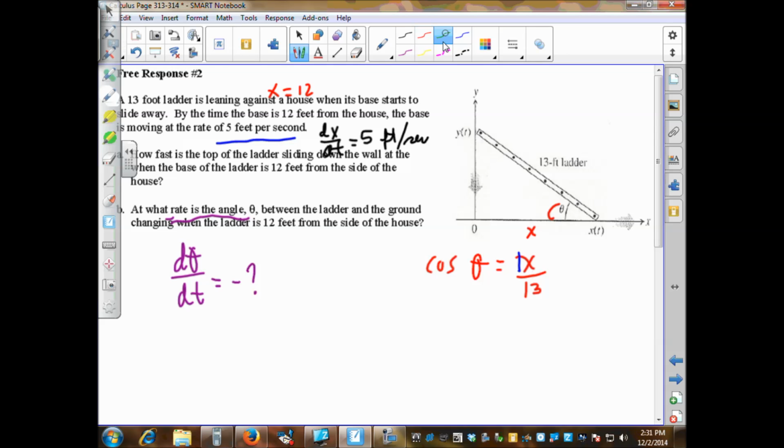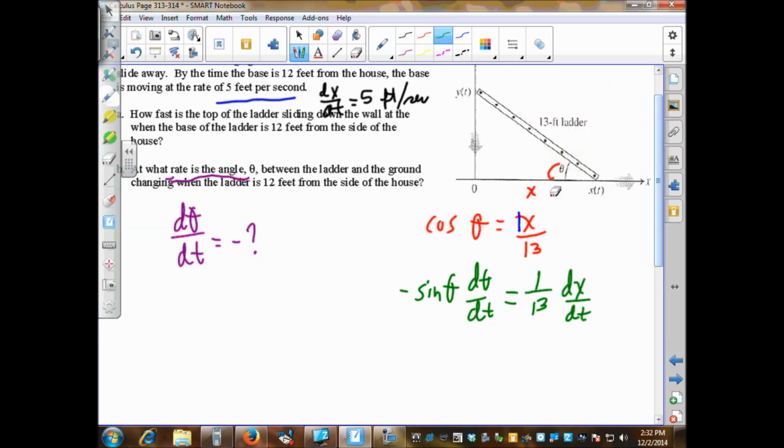So my derivative is going to be negative sine theta with implicit d theta dt, is equal to 1/13, and then we have to be implicit also with x. Now we can plug in our information.